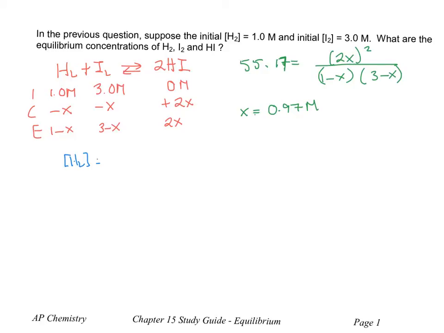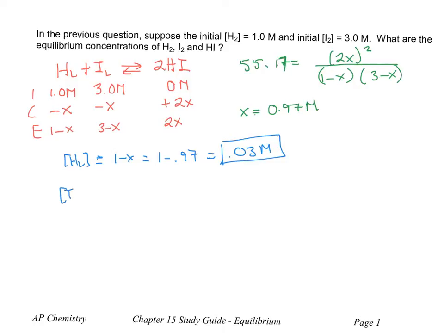So H2 at equilibrium is equal to 1 minus X, so 1 minus 0.97, and so that's 0.03 molar.